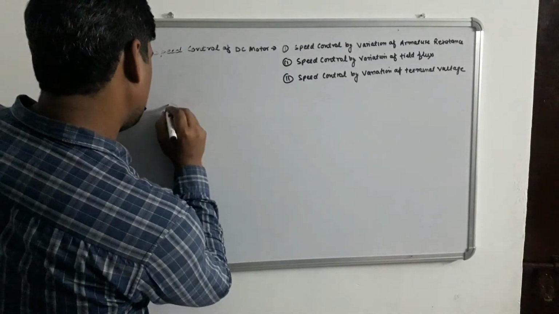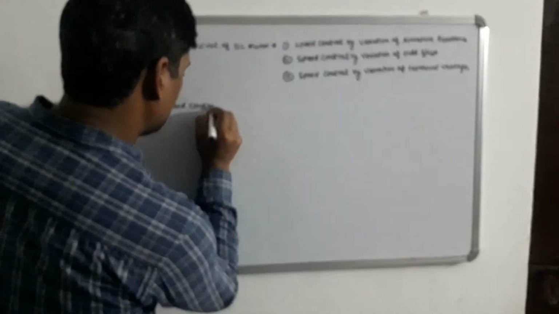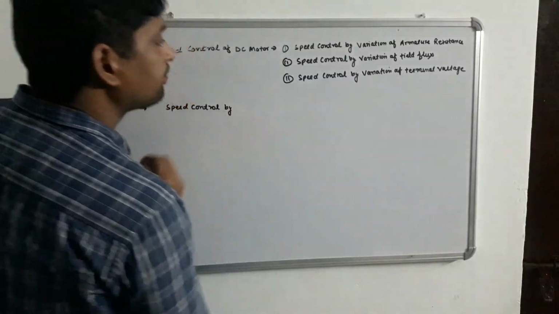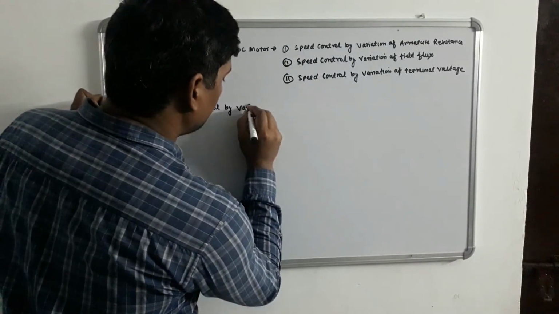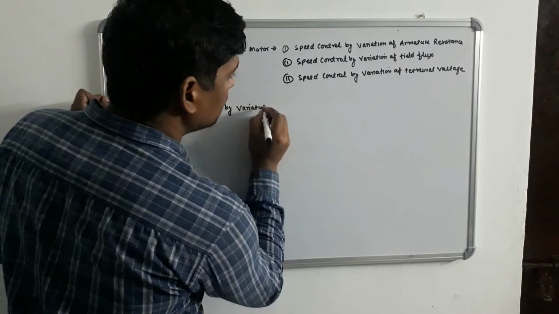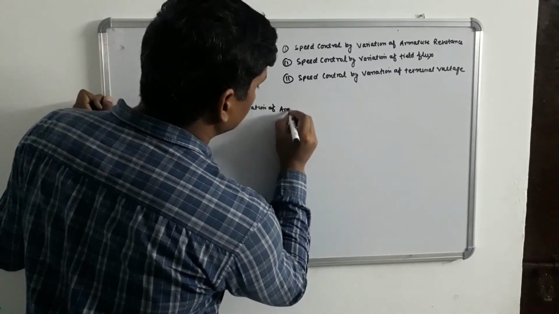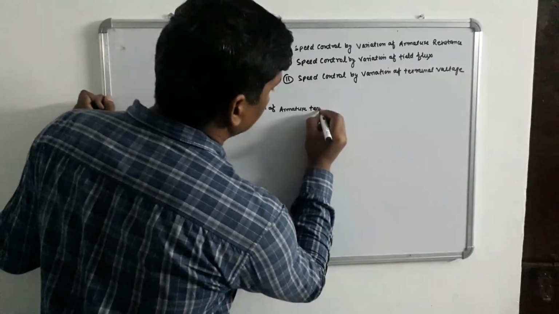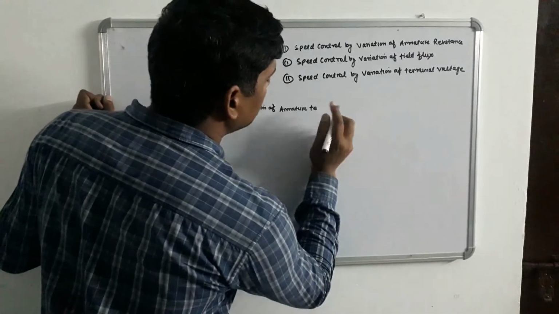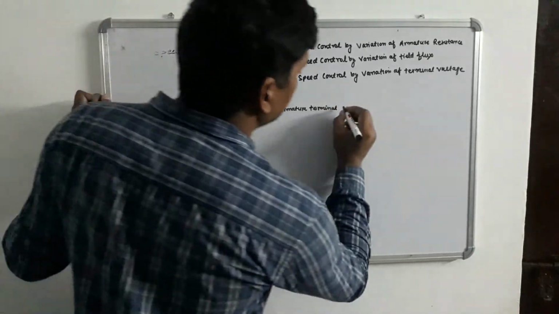Speed control of DC motor. Speed control by variation of armature terminal voltage.